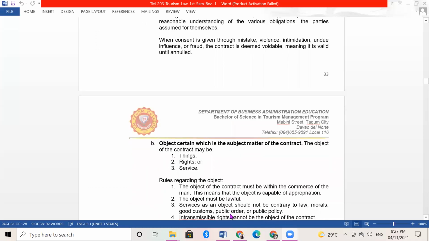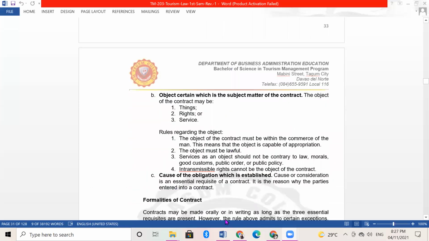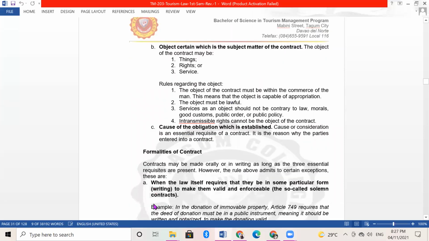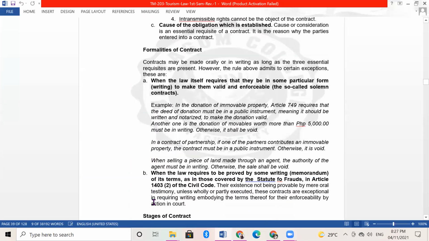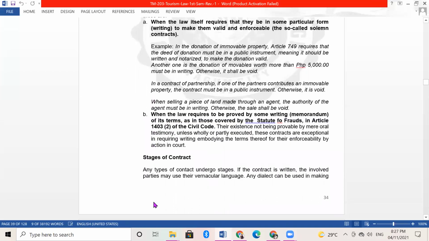Like for instance, in the donation of immovable property, Article 749 requires that the deed of donation must be in a public instrument, meaning it should be written and notarized to make the donation valid. Another one is that the donation of movables worth more than 5,000 pesos must be in writing, or otherwise it shall be void.